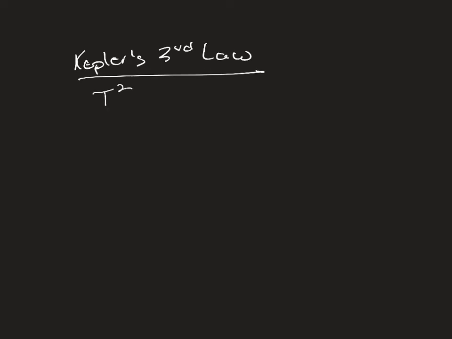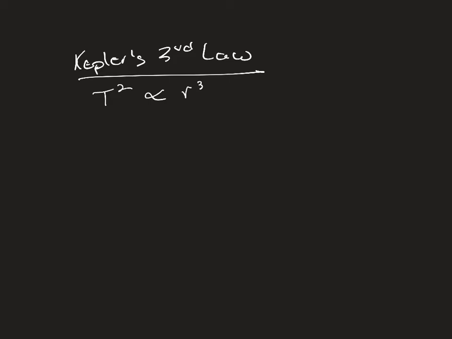Kepler's third law states that the orbital period, so the time for the planet to orbit around once, is going to be proportional to its distance from the sun cubed.